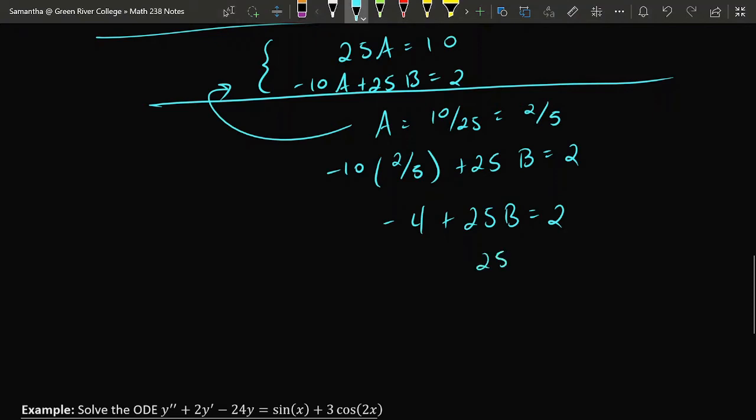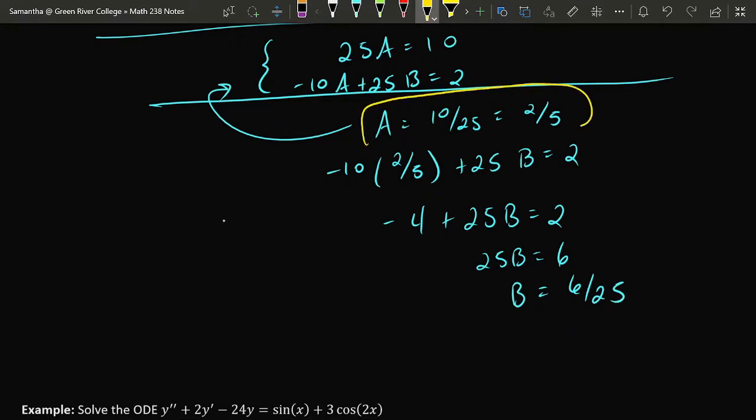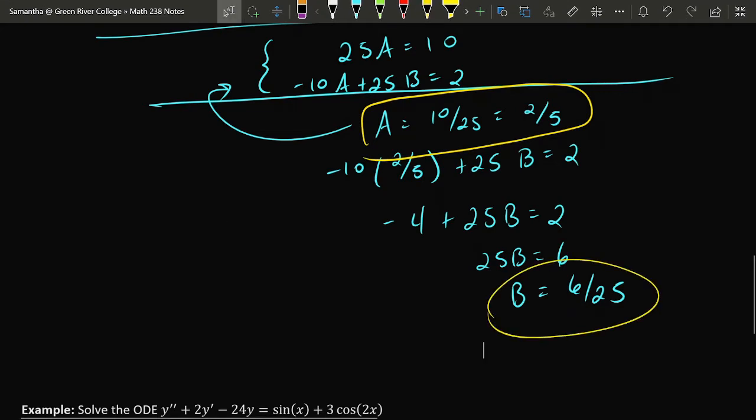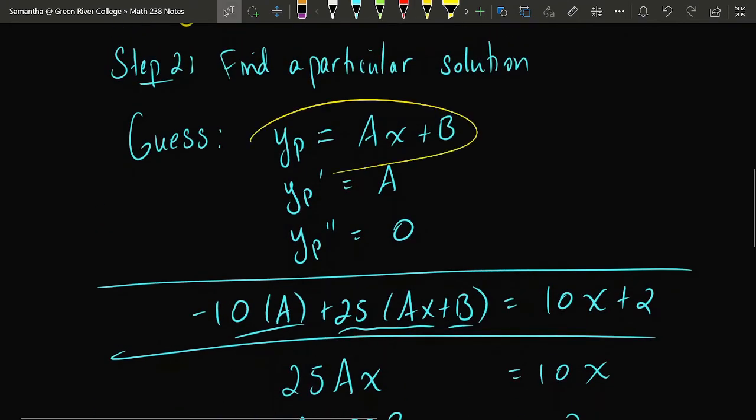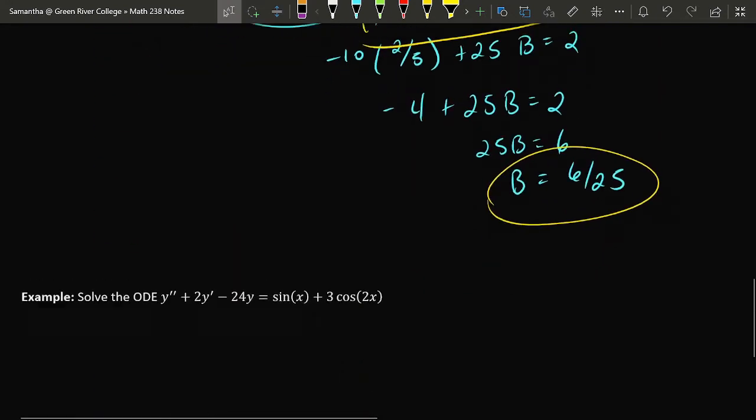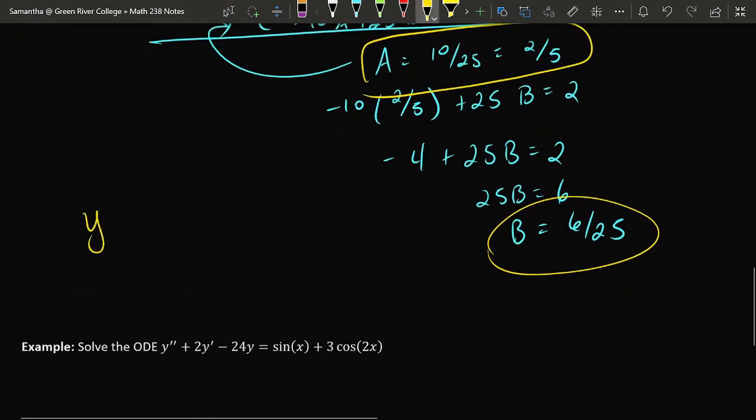So 25b is equal to 6, and therefore b is 6 over 25. So having obtained 2/5 for a and 6 over 25 for b, I can fill in the undetermined coefficients in my guess at a particular solution. The particular solution has the form 2 over 5 times x plus 6 over 25.